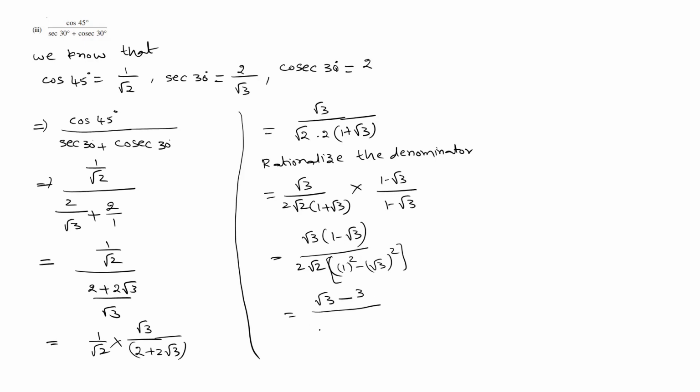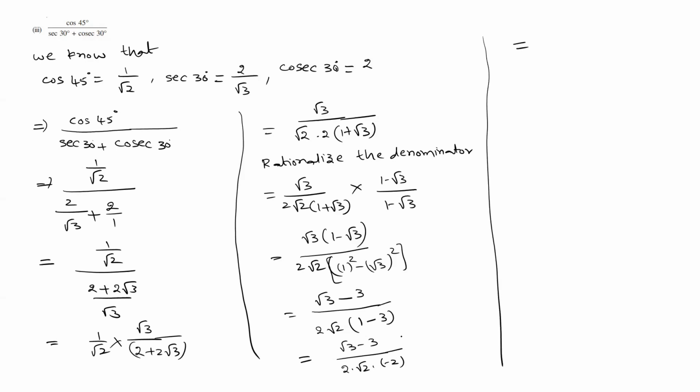Next 2 root 2 into 1 square is 1, minus root 3 whole square will be 3 you will get here. So we'll get root 3 minus 3 divided by 2 into root 2 into 1 minus 3, which is minus 2, is the answer here.